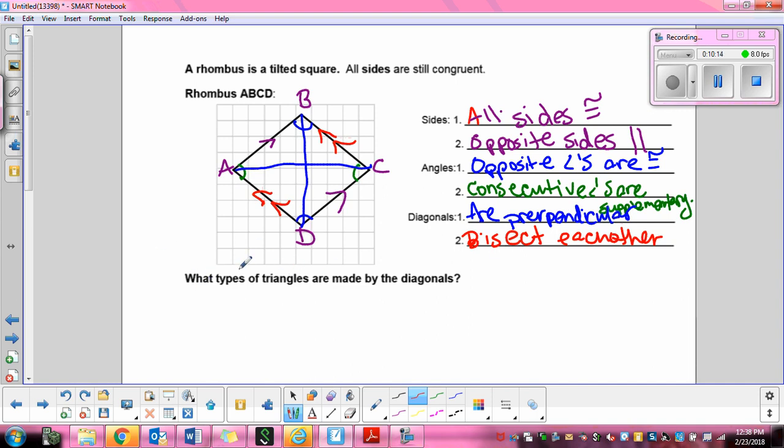So it says what types of triangles are made by these diagonals. So these are 4 triangles, and I know that they are perpendicular, so they are right triangles, and they bisect each other, so that this side is equal to this side, and this side is equal to this side. So I know that they are right triangles. What else do you know about these?